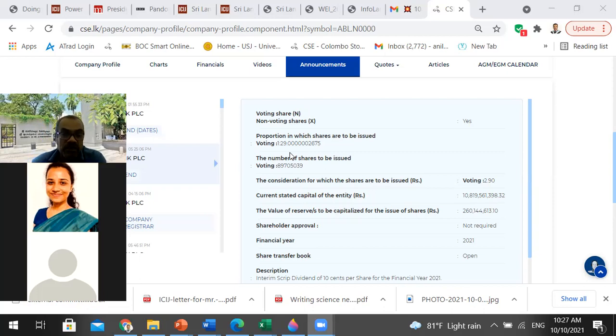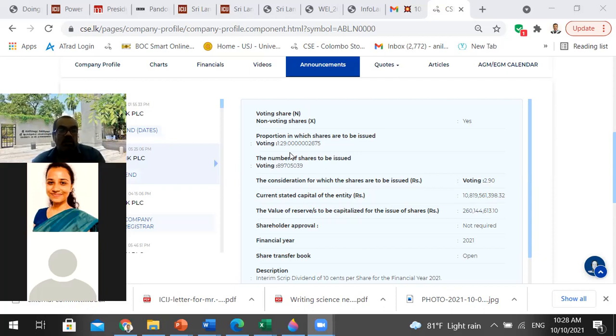Capitalization of reserves is the common term now. If someone wants to use the term bonus shares, now they recommend better not to use this term. Use either scrip shares or capitalization of reserves. Why? At the end, the actual transaction is nothing but the transfer of money from reserves to the stated capital.